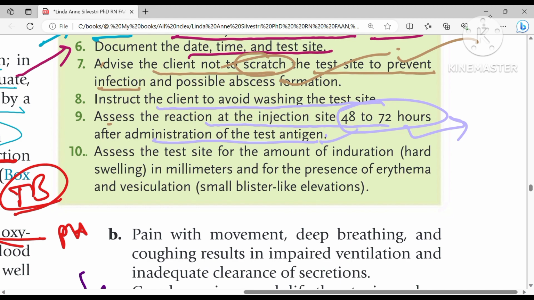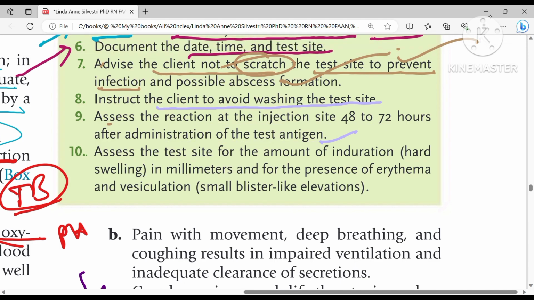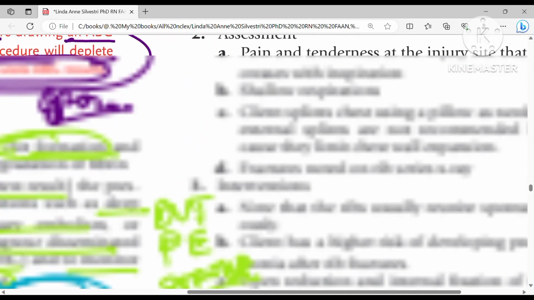Assess test sites for the amount of induration, hard swelling in mm, and for the presence of erythema and vesiculation. A small blister-like elevation will be there. So we should check the diameter and all. Okay, so these are the tuberculin tests we need to do.